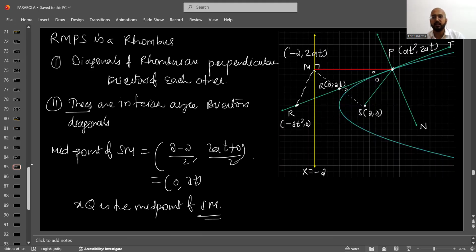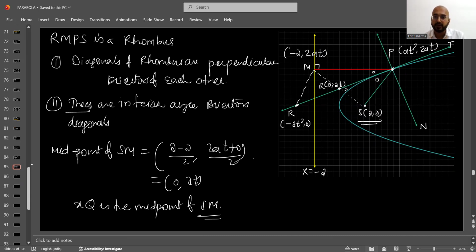We know this important point about the reflection property now: if I have the focus, and I take the image of this focus upon any tangent to the parabola, it will lie on the directrix.